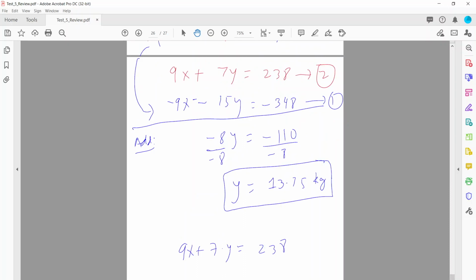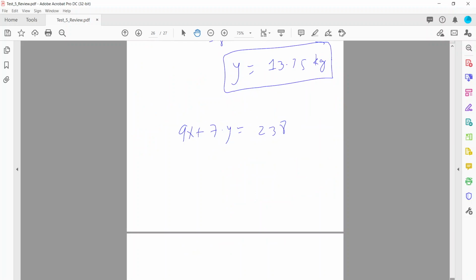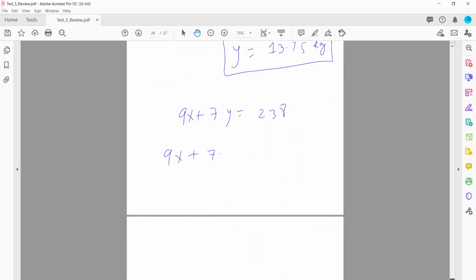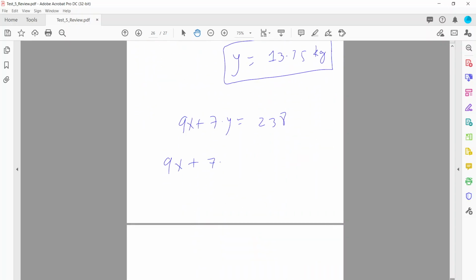We plug in the value of y: 9x + 7 times 13.75 equals 238. Just multiply 13.75 times 7, which is 96.25. So 9x + 96.25 = 238.